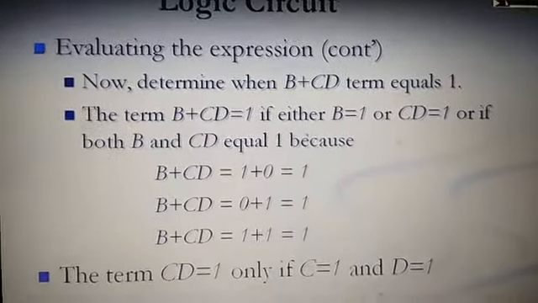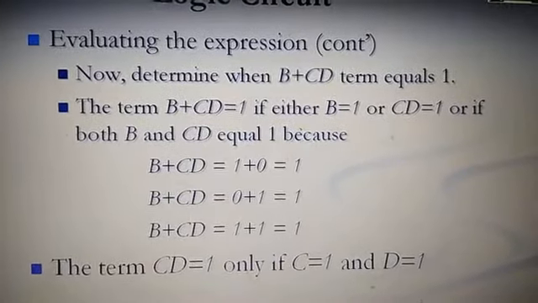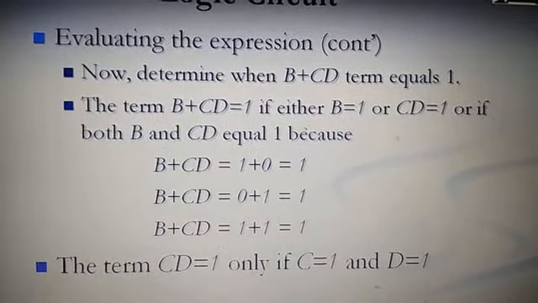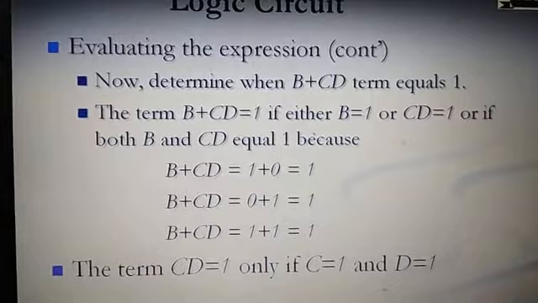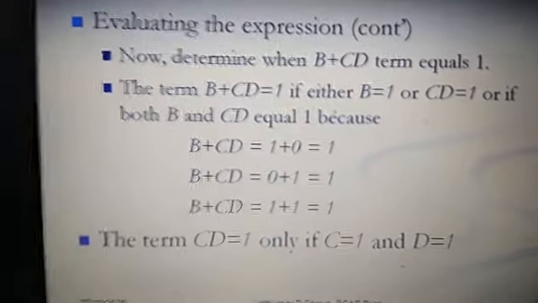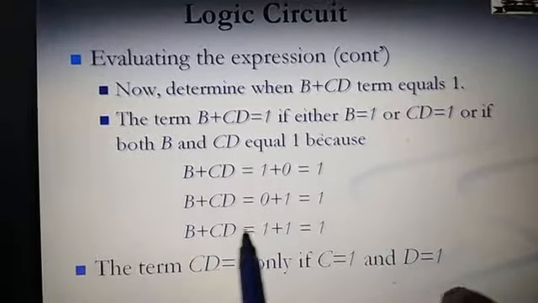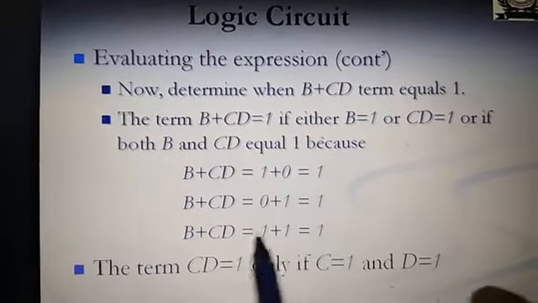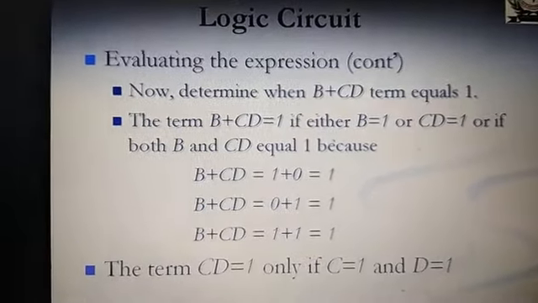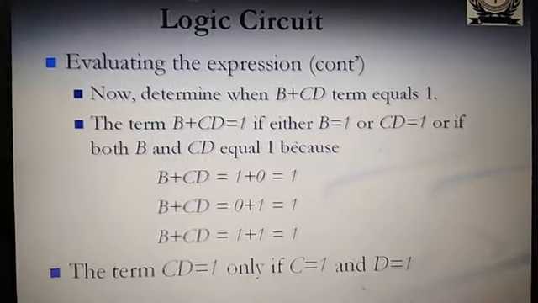That is either B is equal to 1 or CD is equal to 1, or both B and CD equal 1. So B plus CD, that is 1 plus 0 is 1, 0 plus 1 is equal to 1, and 1 plus 1 is equal to 1.